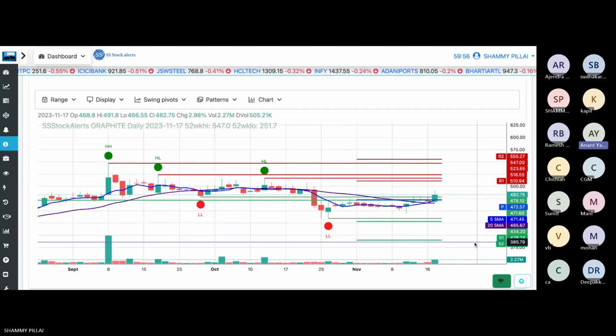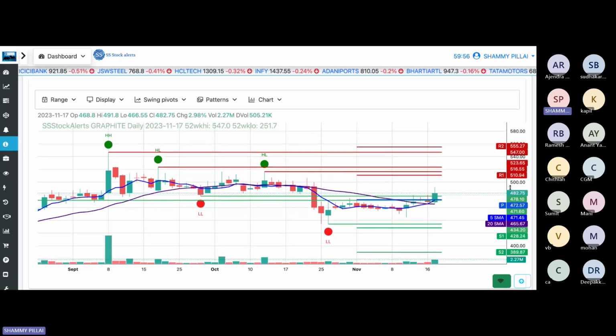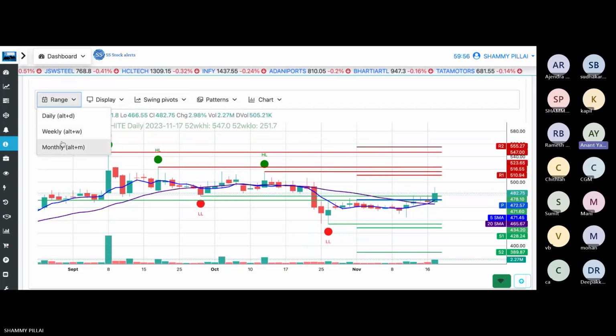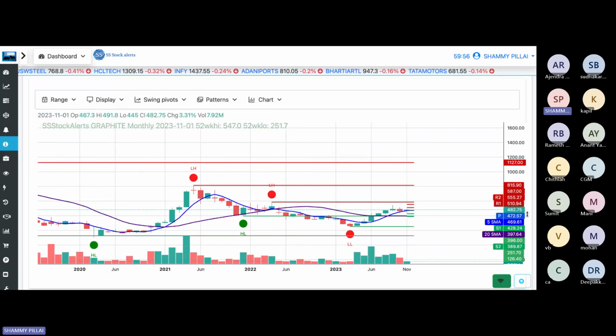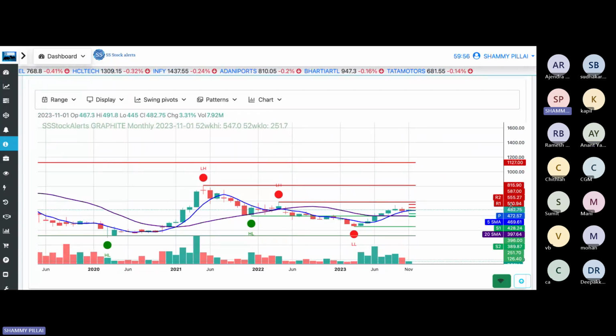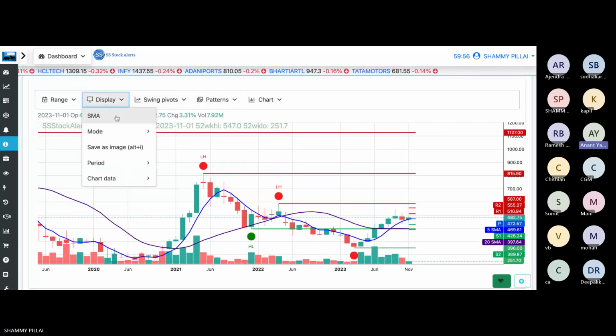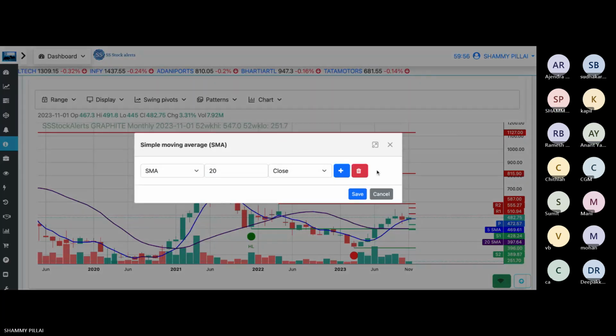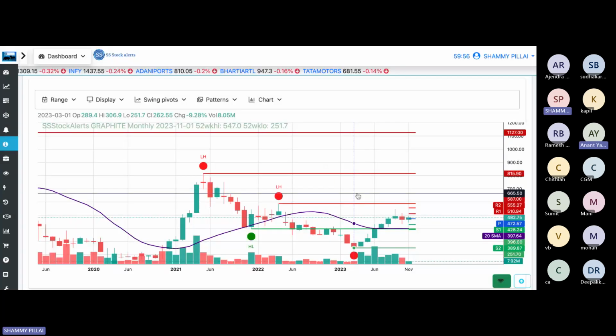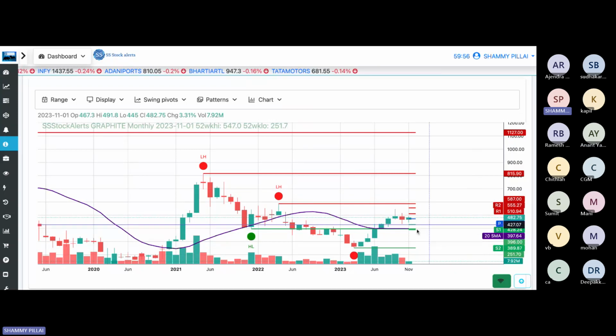Because it is not moving much. It is at very thin lines on the monthly chart. Basically 428 was the best pickup level.